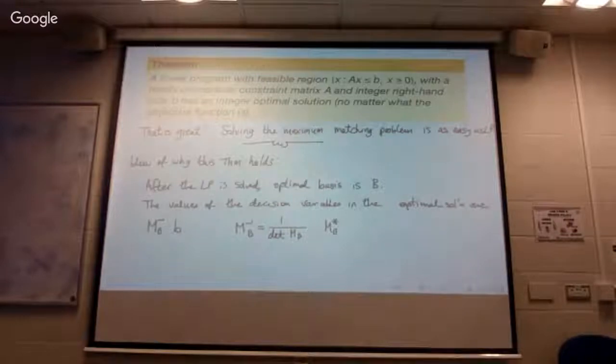So because of total unimodularity, this MB inverse only has integers in it.